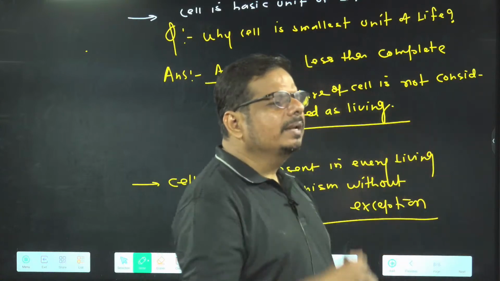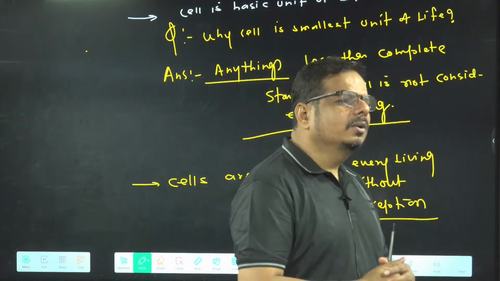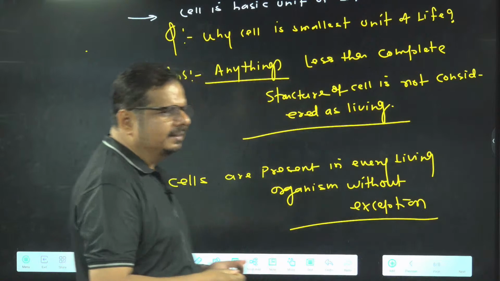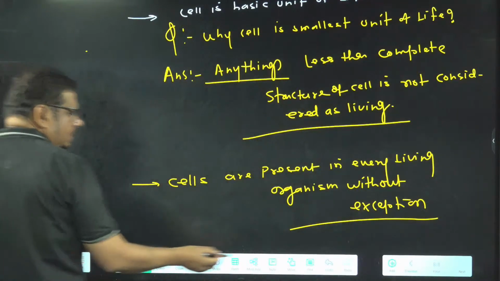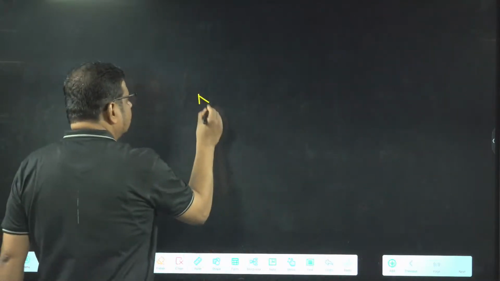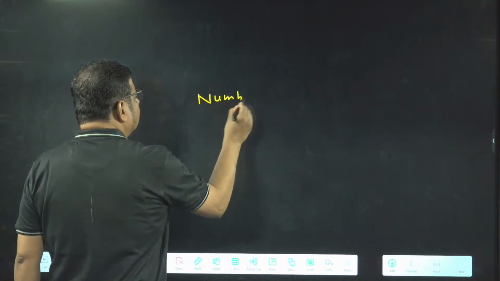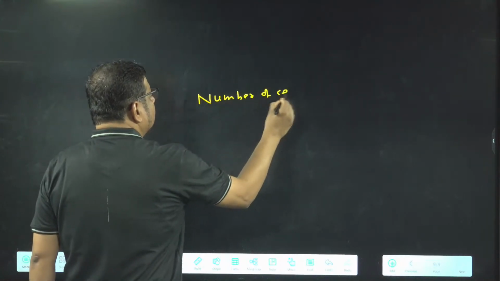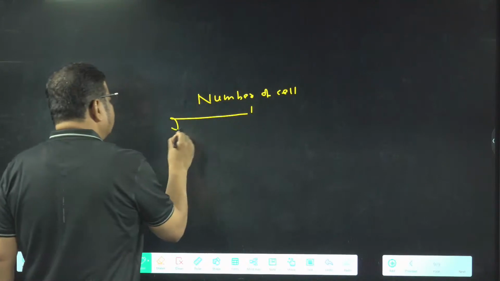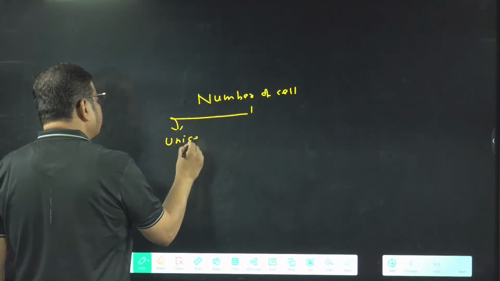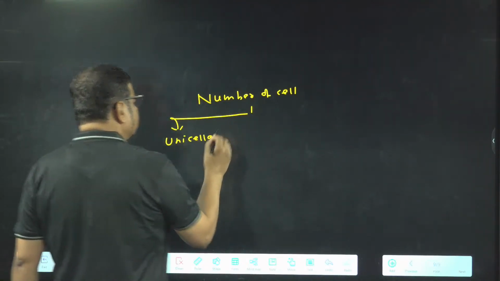On the basis of the number of cells, we classify organisms into two categories. Organisms are classified into unicellular and which one?